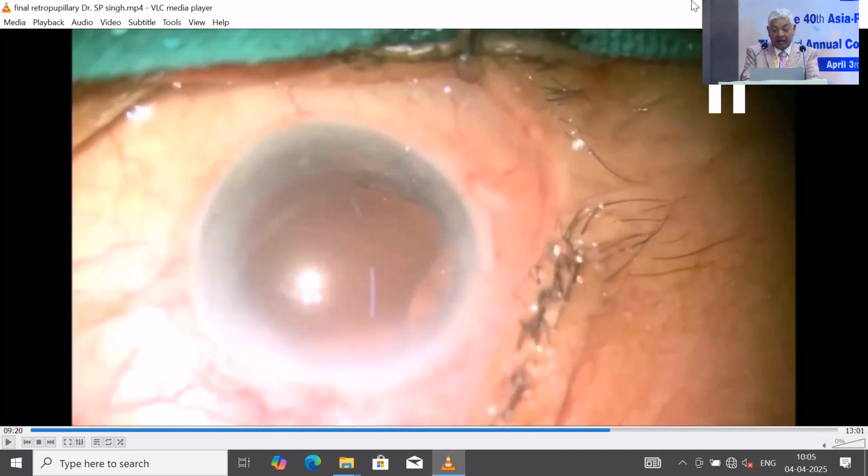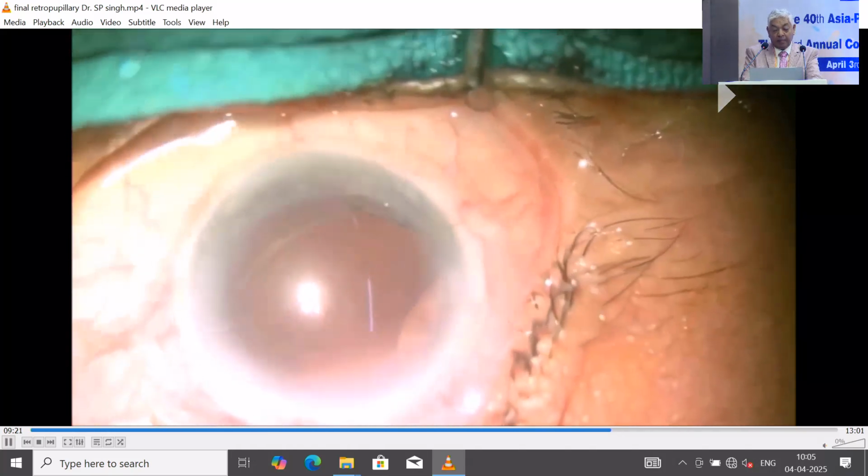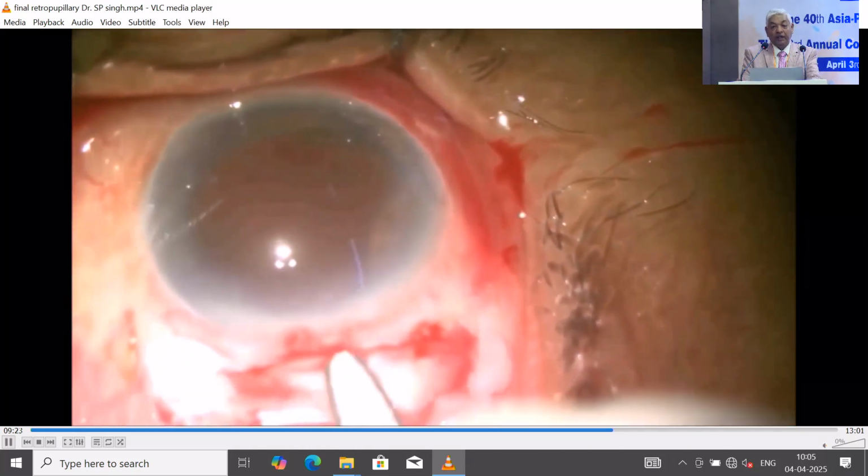You can see in this case, this is a case of phakia. Only a remnant of the iris is there, one particular portion. So I decided in this case to do the aniridia fixation lens, but you can watch what to do in this situation.